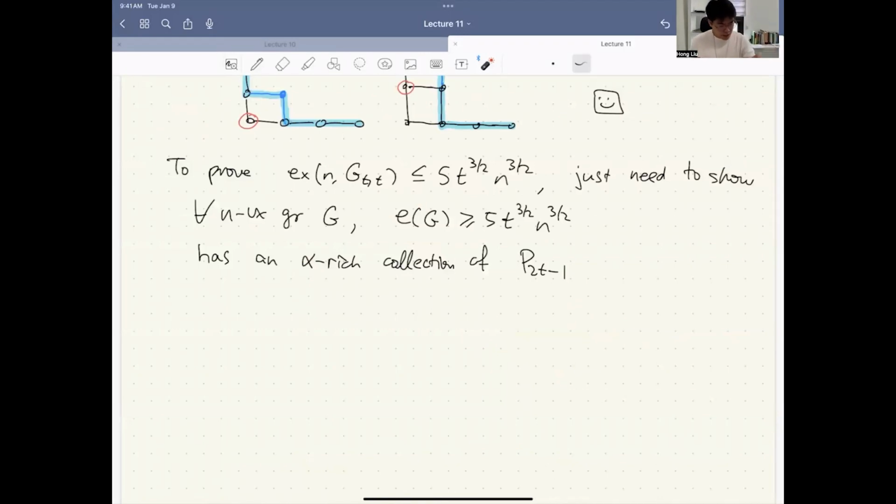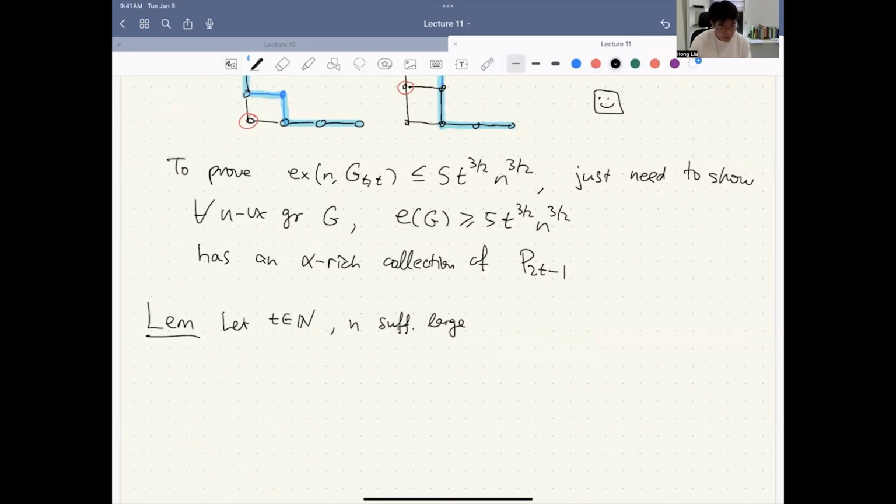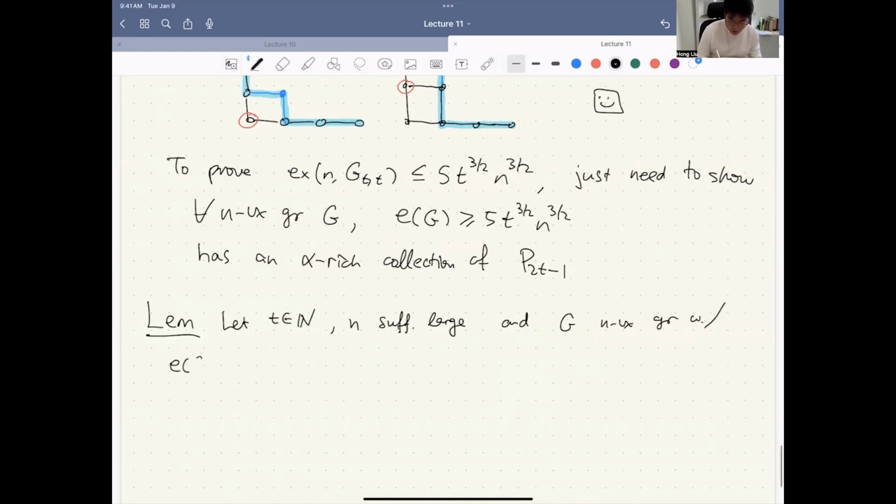The actual lemma is this lemma. This lemma will prove the upper bound. It says that, let t be a natural number and n sufficiently large in terms of t. G is an n-vertex graph with E of G at least 5 t^(3/2) n^(3/2).